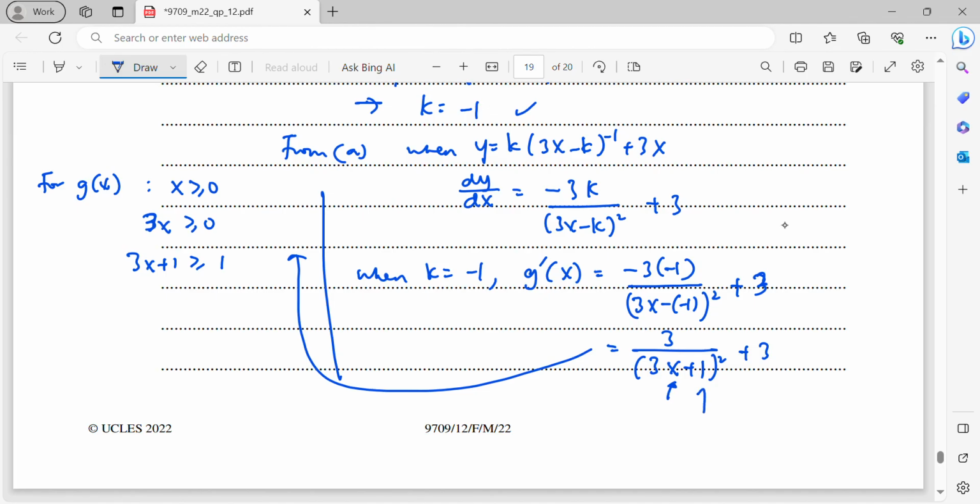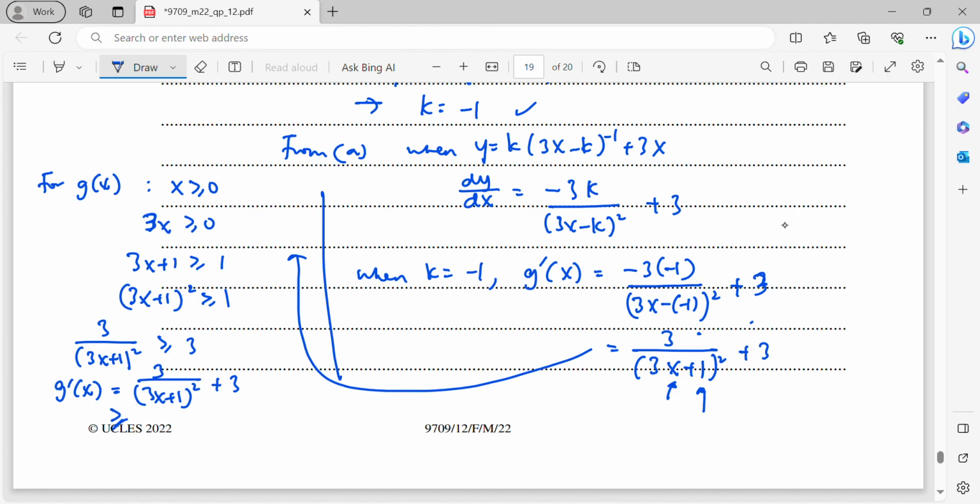Therefore, when you square it, it is definitely at least 1. So now my 3 over 3x plus 1 squared will be at most 3, because you have 3 divided by at least 1. Then 3 plus 3. So my g prime x is 3 over 3x plus 1 squared plus 3.